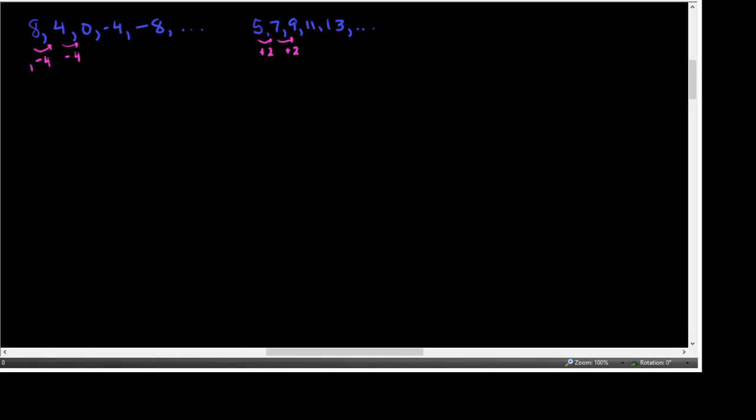That's plus -4 and plus -4. It's a small change I'm making, but I do want to define this in terms of addition. Any sequence that follows this kind of pattern, where you're adding a constant, and it's the same constant you add to get every next term.